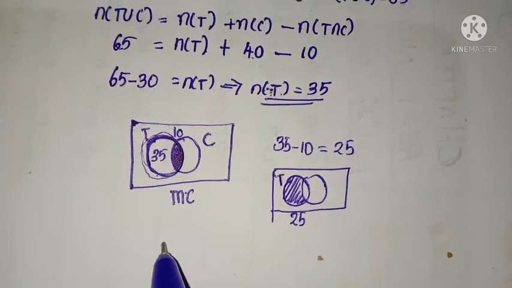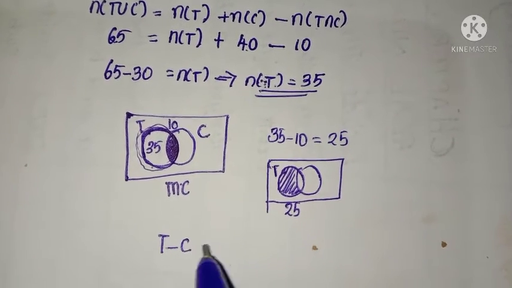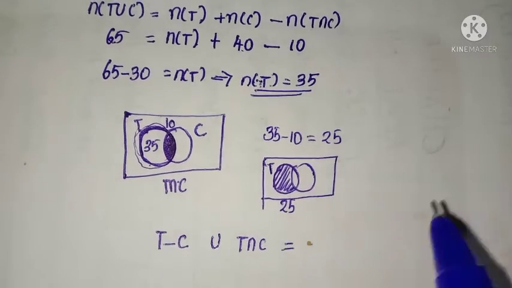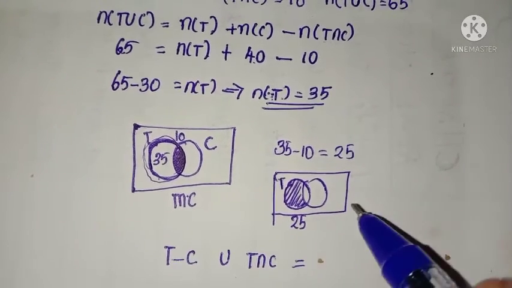Otherwise, use the result T equals T minus C union T intersection C. Look at the Venn diagram.